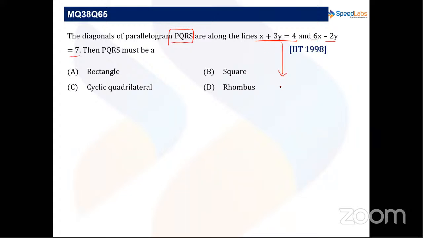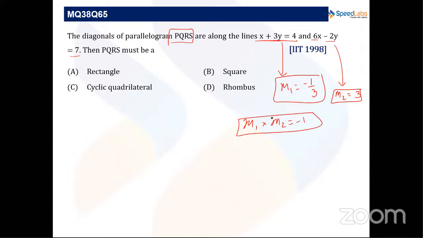Now we can find the slope from here, that m1 will be minus 1 by 3, and from the second line the slope m2 will be 3. It is clearly m1 into m2 equals to minus 1, that is the two diagonals are perpendicular. So this is a case of rhombus.